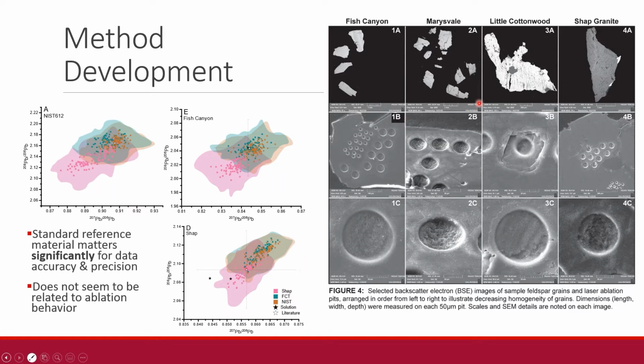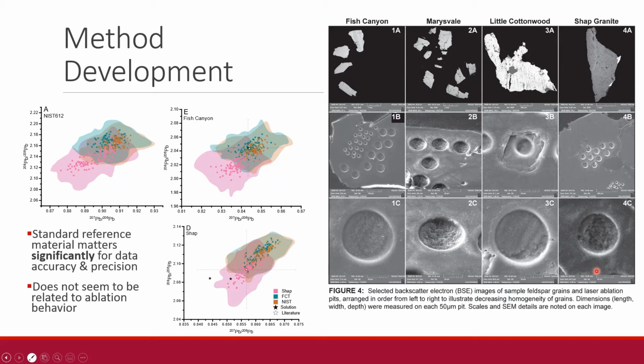And that's what I'm showing you here on the right. We ablated each of these a number of different times under the same conditions. And what we found is that the sanidines, the Fish Canyon and the Marysvale, which is a local Utah sanidine, actually seem to respond significantly better to ablating than the orthoclases, Little Cottonwood from here in Utah and the Shap, as I mentioned, from the UK.